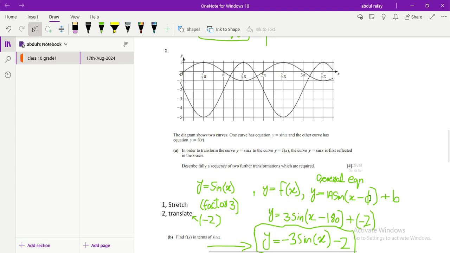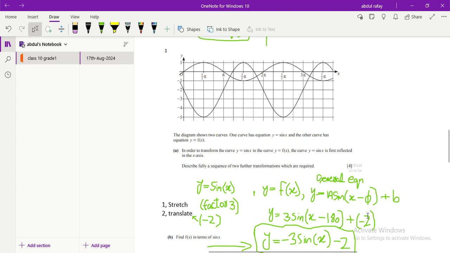So what I can write here is minus 180 degrees, and according to the identity, sine of (x minus 180 degrees) equals minus sine x. According to this identity I can rewrite this as minus 3 sine x.